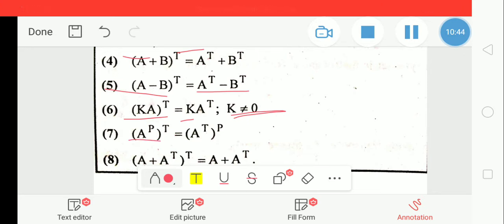Now here (A raised to P) transpose, that is, (A transpose) raised to P.